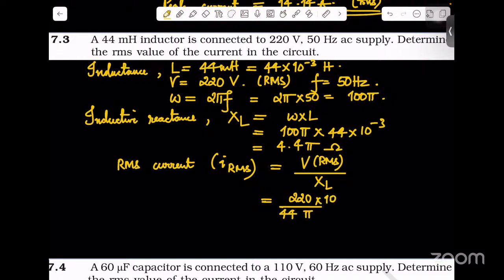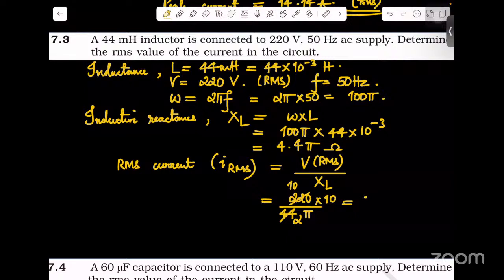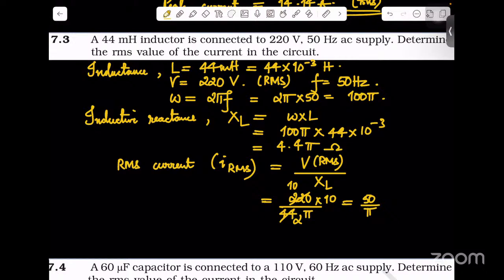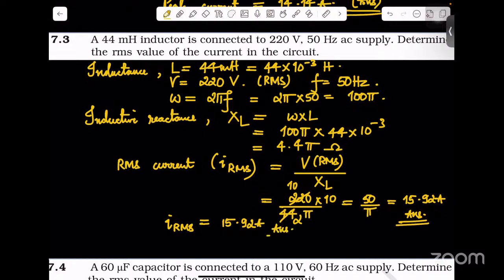If you cancel this, it is 50 over pi, which is 15.92 amperes. So this is the IRMS, or the RMS current, asked in the question: 15.92 amperes. This is the answer to the question.